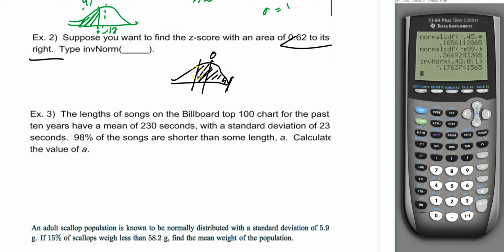And again, I cannot use invert normal that way, because if this is 0.62, I gotta find the other side. And the other side is going to be 1 minus that, so 0.38. So we're going to invert normal with that. Let's give me my value here, 0.38. Hit enter. And I get about -0.305, which again makes sense because this is 0, so we should be left, we should be negative.